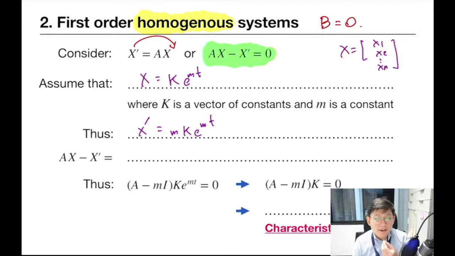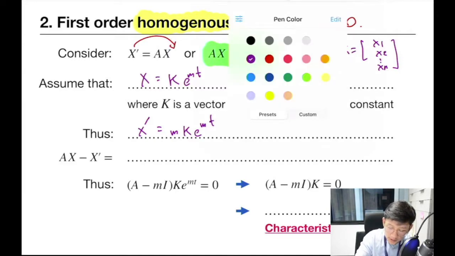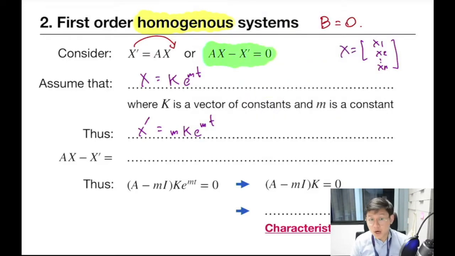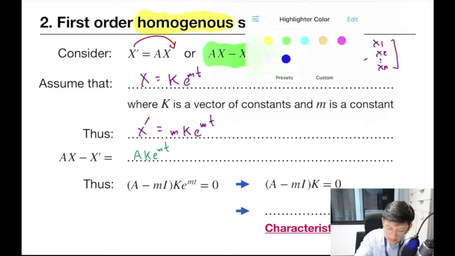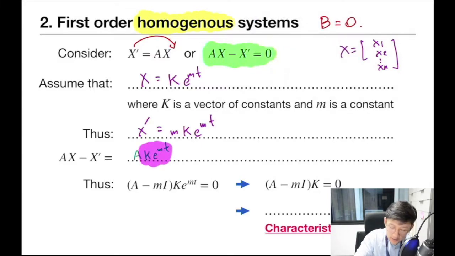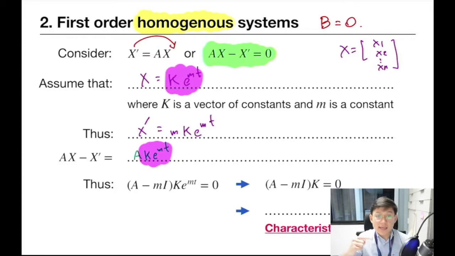So we have Ax minus x prime equals, what is it? Ax would be A K e to the mt. Don't forget, we now assume that x equals K e to the mt. That's Ax minus x prime, and x prime is m K e to the mt.